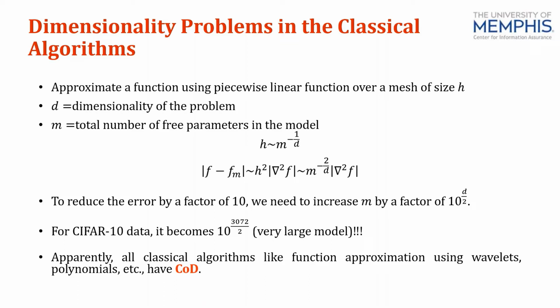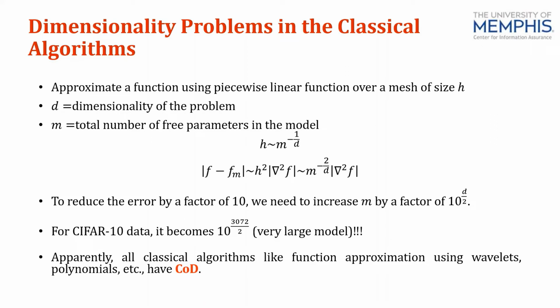We can recall it. So m needs to be increased by 10 to the power 3072 divided by 2, that is 10 to the power 1536 by the same logic, and this quantity is so big that it is even unmanageable by any of the available classical algorithms such as wavelets, polynomials, piecewise linear functions, etc.